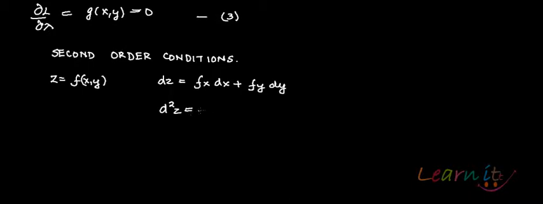Just wait. So what you should be writing is del of dz by del of x dx plus del of dz by del of y dy. Okay, this is the second order differential.